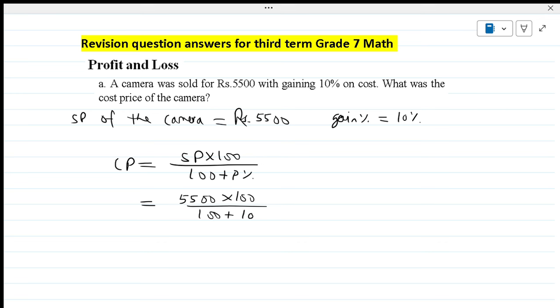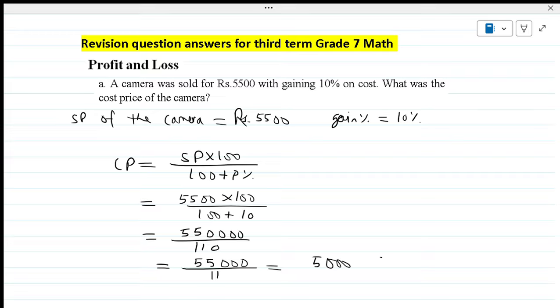The profit percent is 10, so we get 55 followed by 4 zeros, divided by 110. Then we cancel by 10, so 55,000 divided by 11; 11 5s are 55, so it's 5,000.